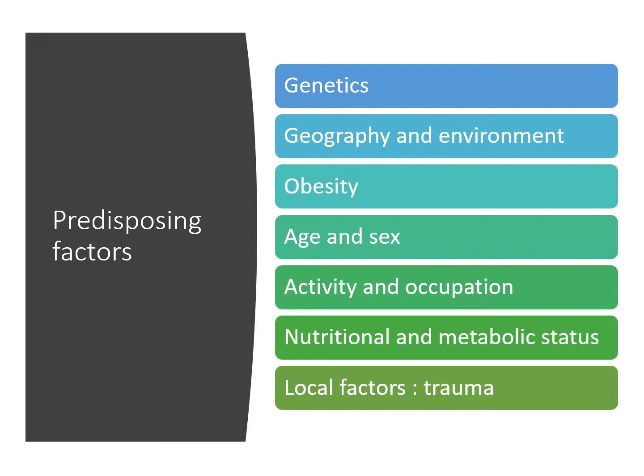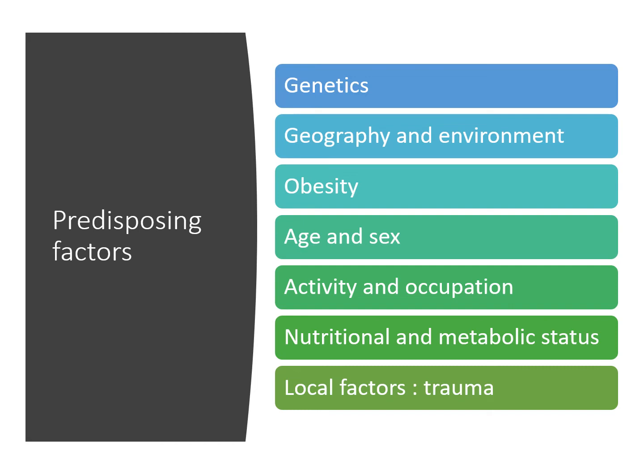Activity and occupation: people who use a lot of weight-bearing joints like runners or dancers, people who squat more or people who walk a lot. Such people, those who use a lot of joint movements, can develop osteoarthritis in their later age.